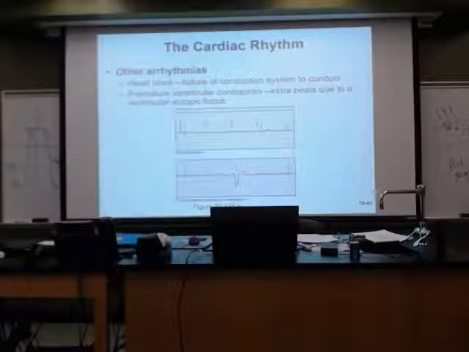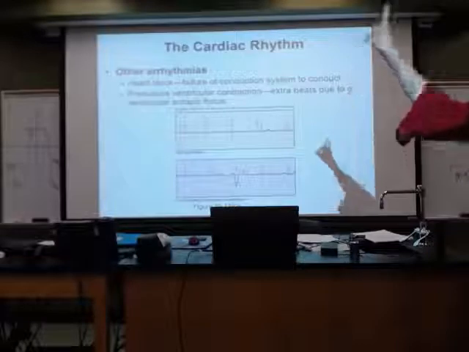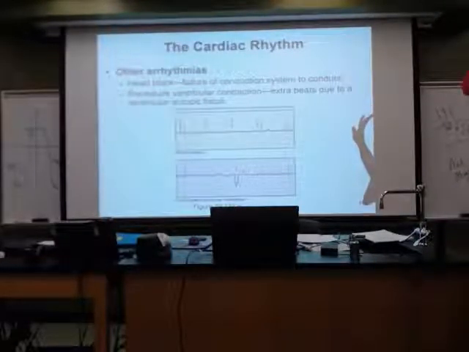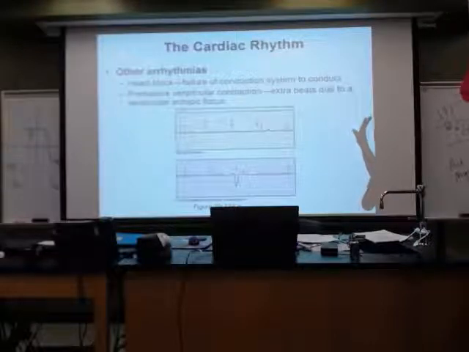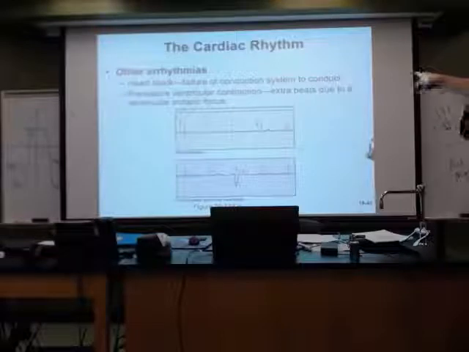When they say heart block, that's the conduction system. What's my conduction system? That's my SA node to my AV node to my bundle to my Purkinje fibers. That's my conduction system. The heart block is saying it didn't work.